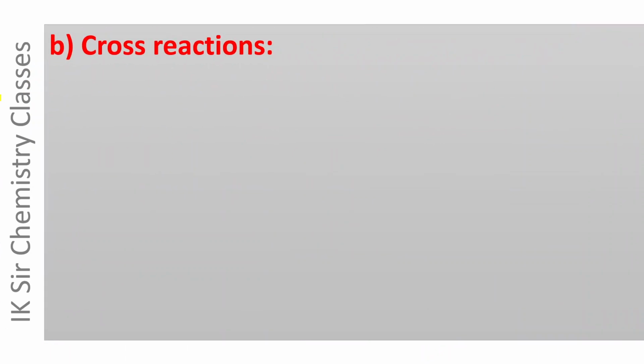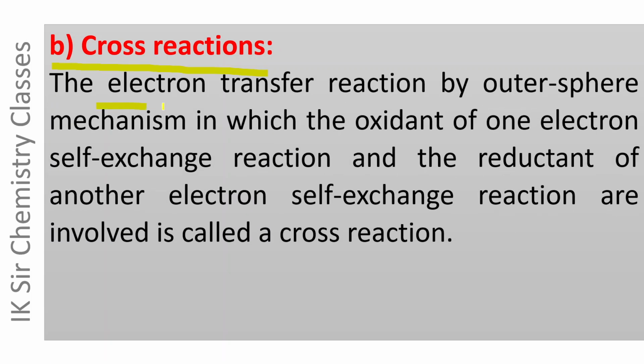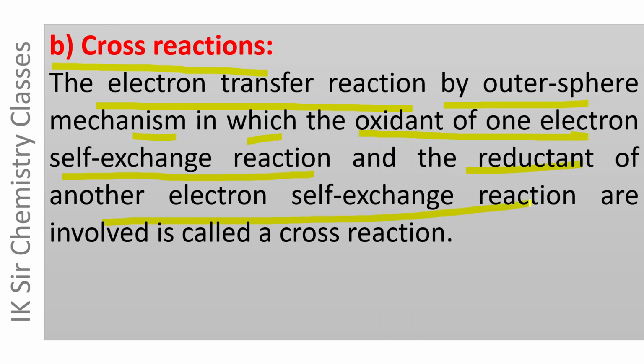Let us see now the second type of electron transfer reaction by outer sphere mechanism, and it is cross reaction. The electron transfer reaction by outer sphere mechanism in which the oxidant of one electron self-exchange reaction and the reductant of another electron self-exchange reaction are involved is called a cross reaction.